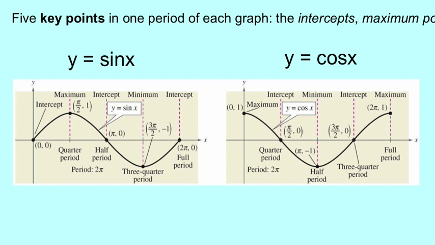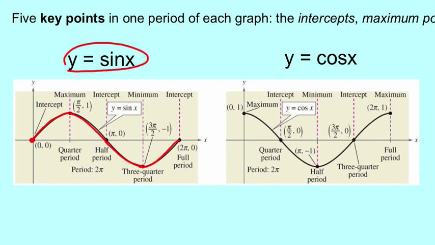Now I just want to put together the 5 key points for the sine and cosine function, and I put these two next to each other. With the sine function, where the sine function starts, I say, is from 0, 0, works its way up to that maximum point of pi over 2, 1, comes back down halfway, and goes down to the bottom, in the middle here, and then back up.